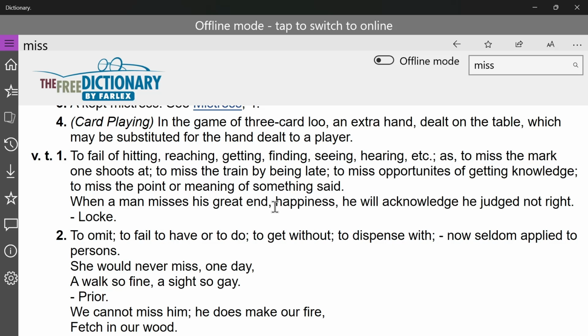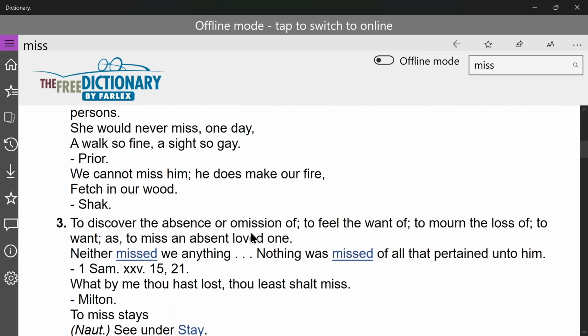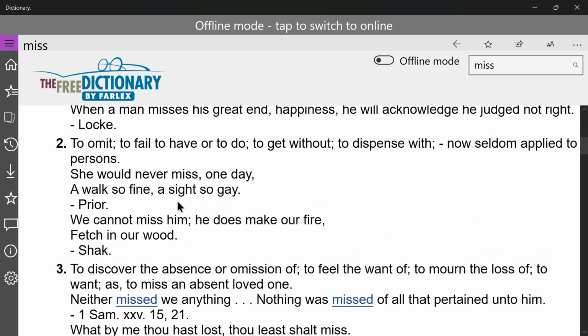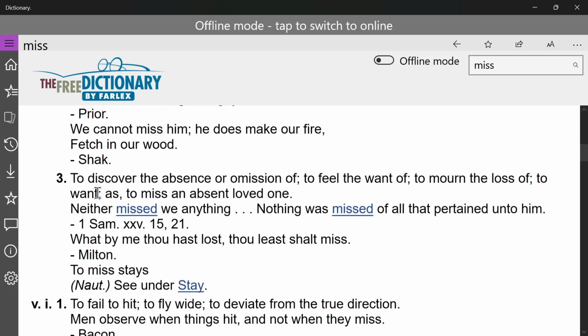Fail. So as a verb, to omit. Seldom applied to persons. She would never miss one day. We cannot miss him. To omit. This is a little different meaning.